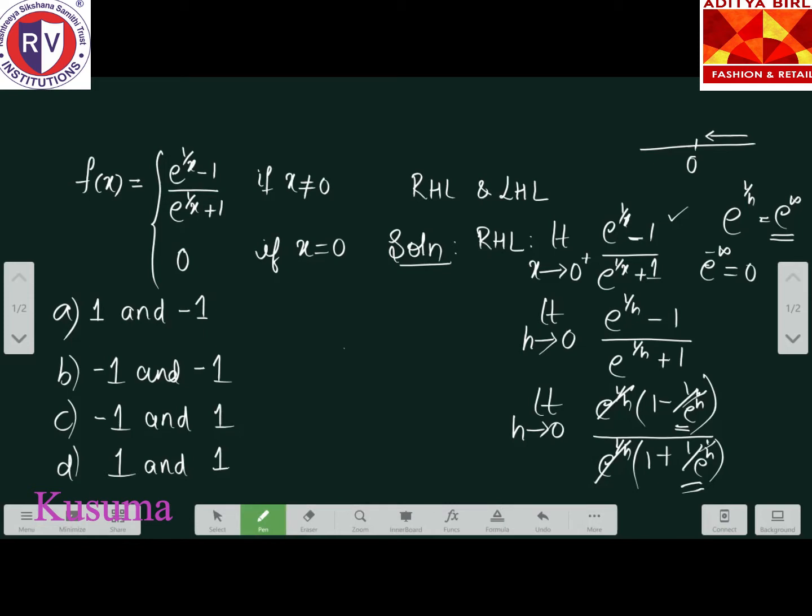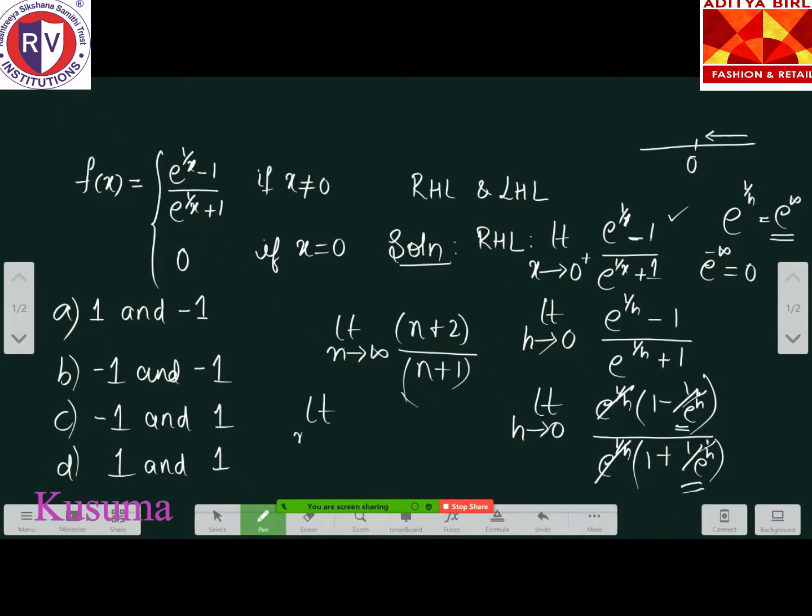Only after taking common. You might have done so many problems while doing limits, right? Limit as n tends to infinity, suppose n plus 2. Directly you will not substitute infinity, right? What you will do first, for example, in the denominator also, suppose n plus 1 is there. You take n common from both numerator and denominator. That is the way you do it, because you cannot directly substitute n is equal to infinity here.